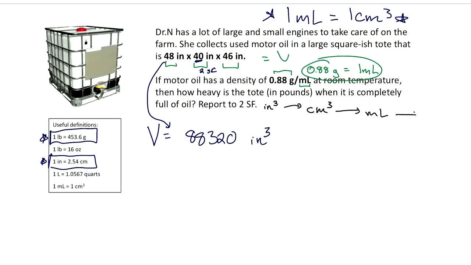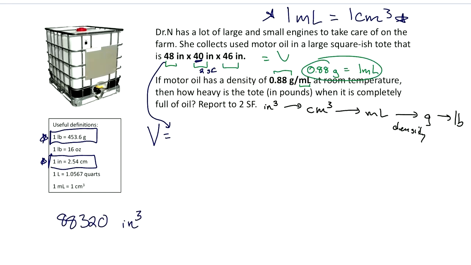Then once I'm in milliliters, I can get to grams using density. And from grams, we want this in pounds. This is going to take at least 4 steps. Each arrow is some type of fraction that I need to multiply by.